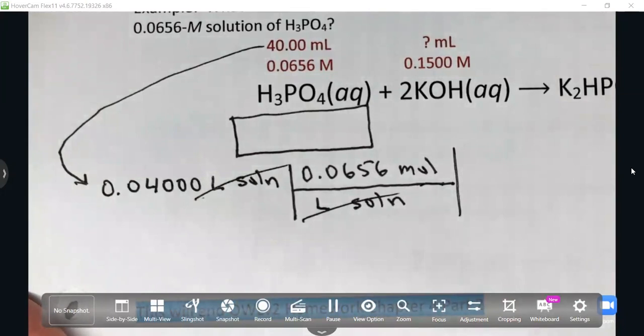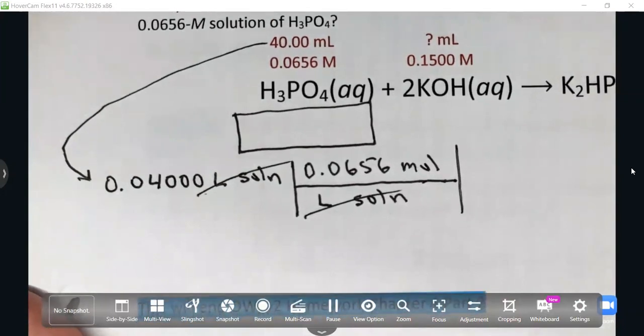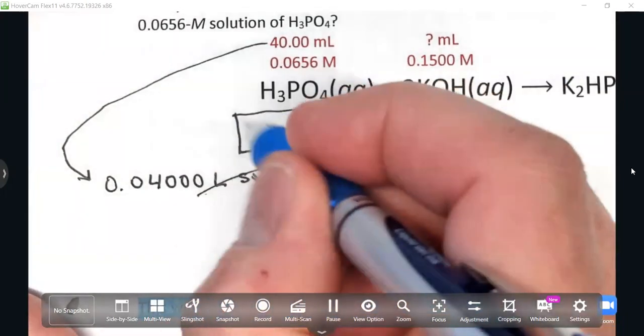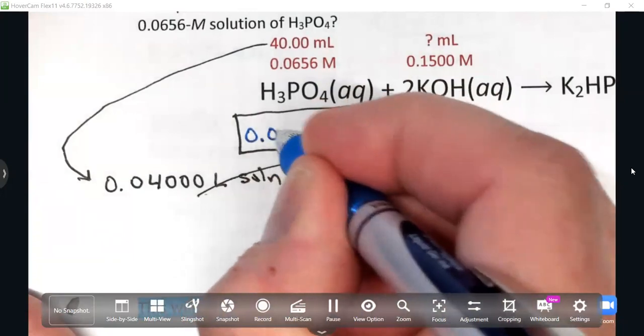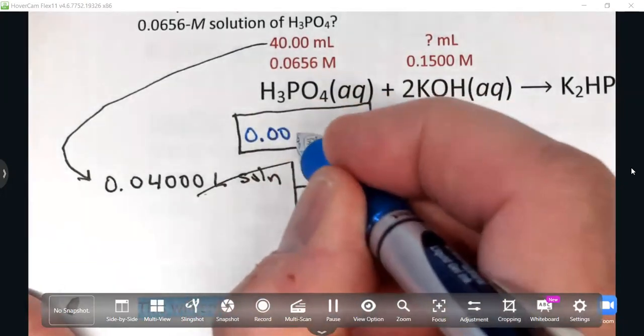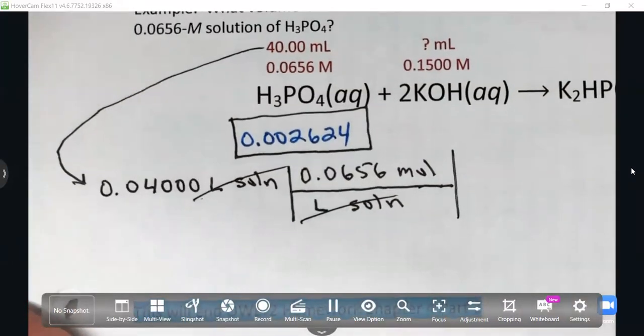Let's see, what do we got here? 3 sig figs in that molarity. We'll keep an extra one here. So it looks like my starting moles is 0.002624 moles. Is that right?